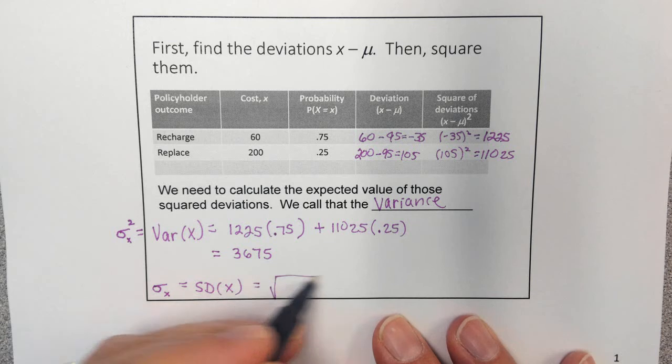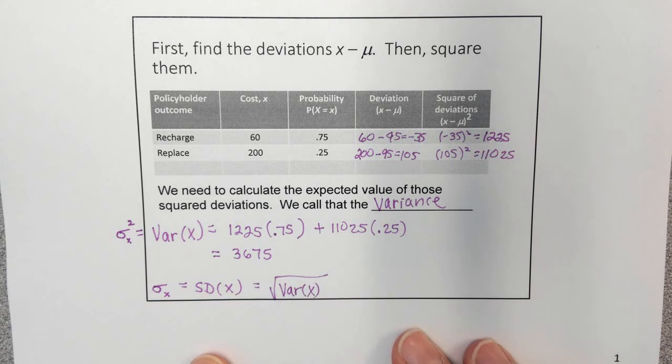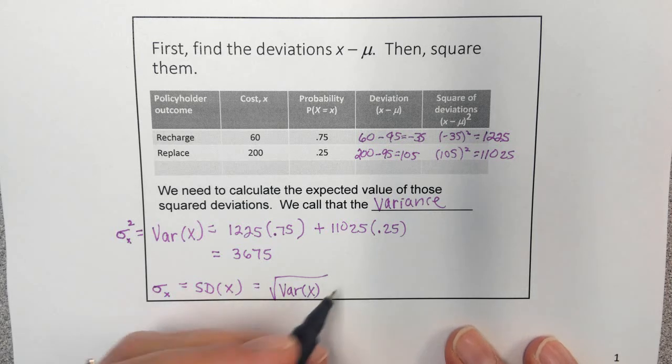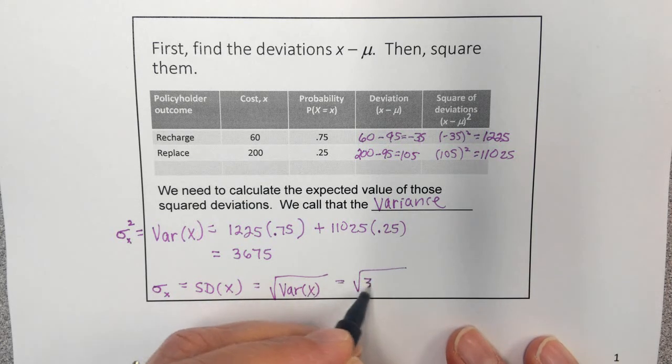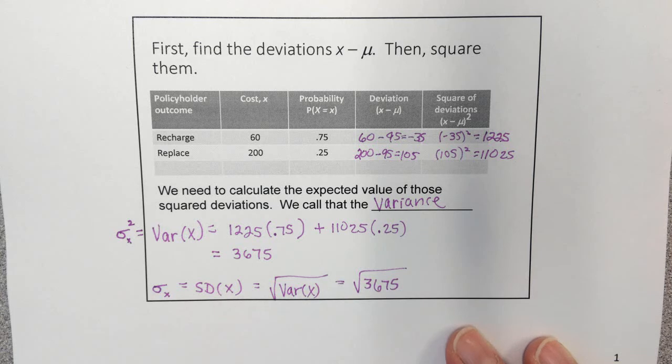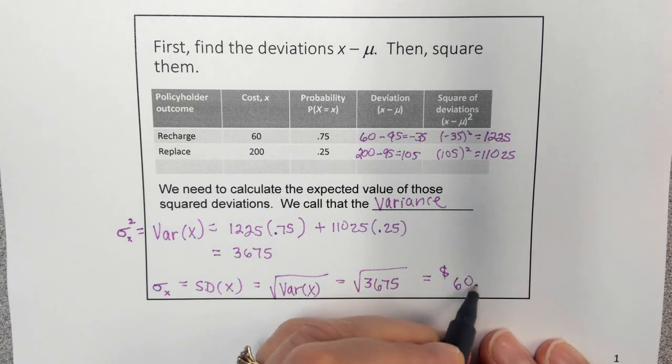Technically, that is the square root of the variance of x, which is the square root of that 3675. And you'll need a calculator for that. So give me 60.62.